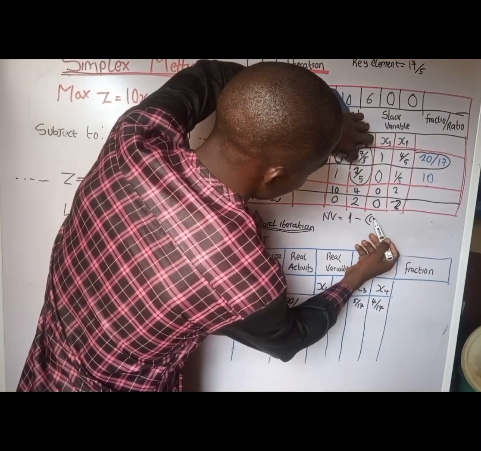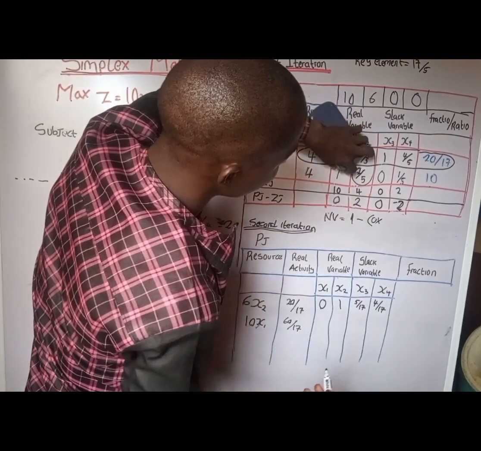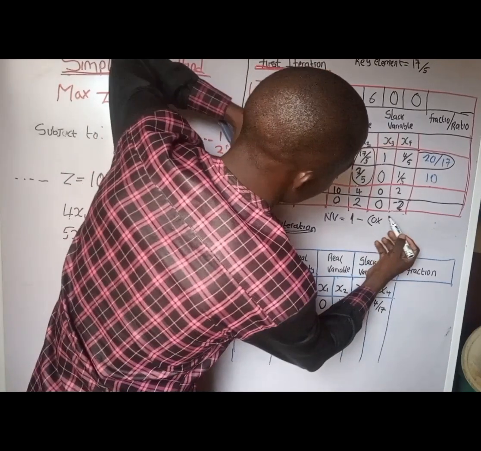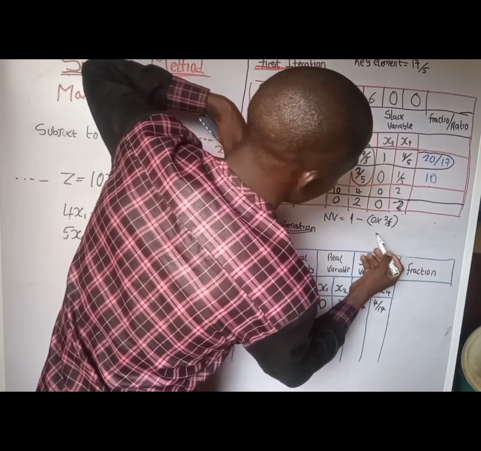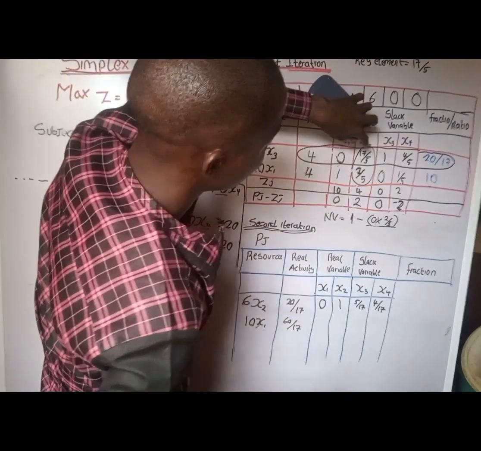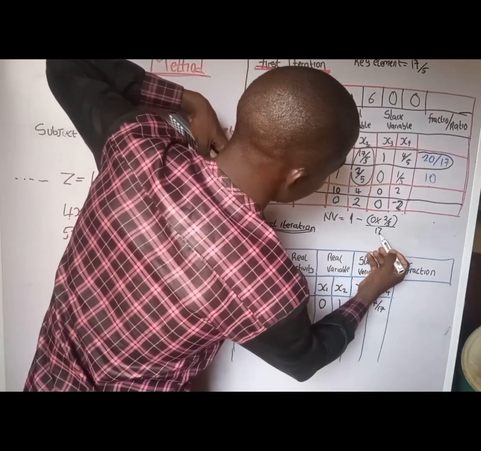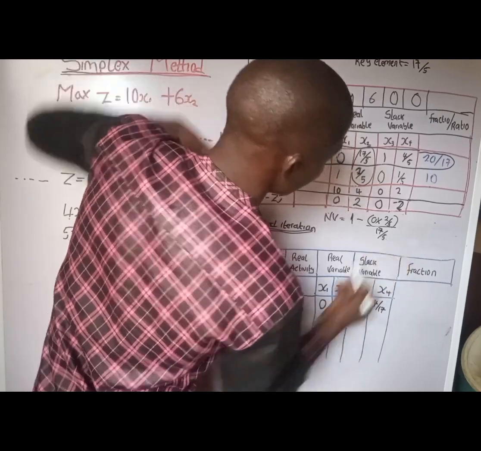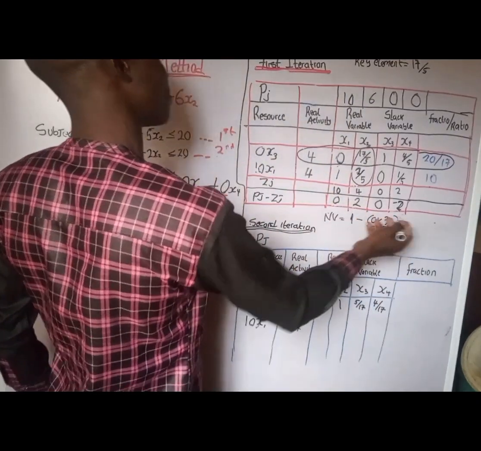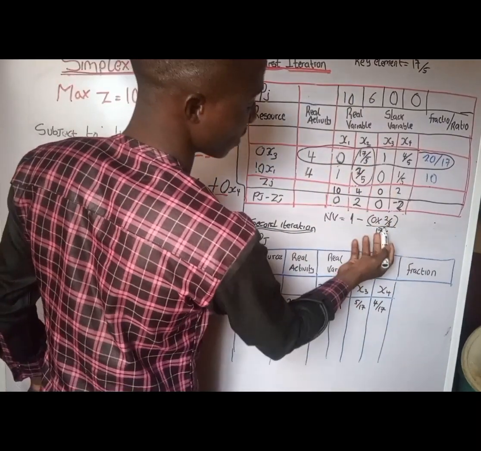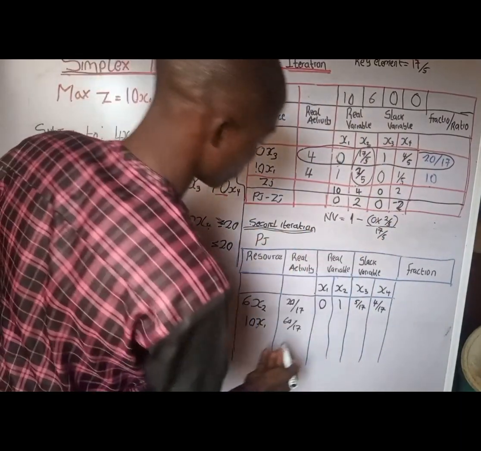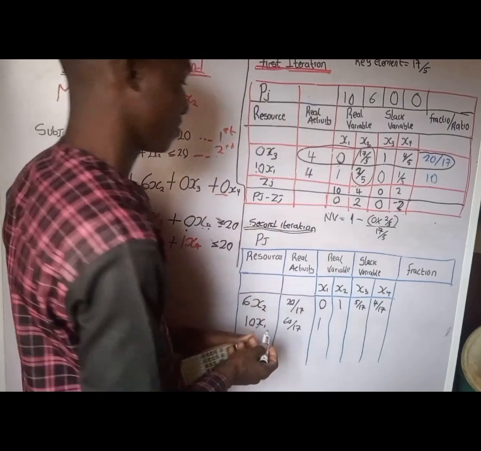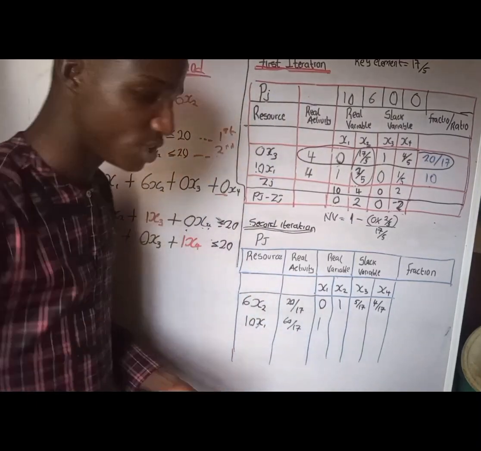So I'm going to be having 0 multiplied by the corresponding key column element, 2 over 5, divided by the key element, 17 over 5. 0 multiplied by 2 over 5 gives me 0. 0 divided by 17 over 5 gives me 0. So 1 minus 0 is 1. So the new value will be 1. Let's proceed with our calculation.